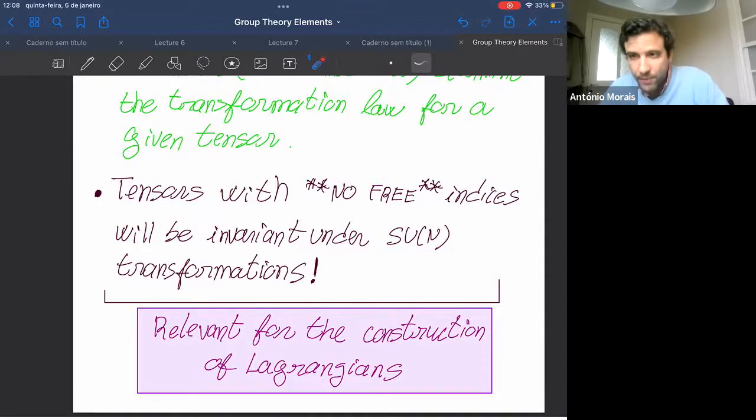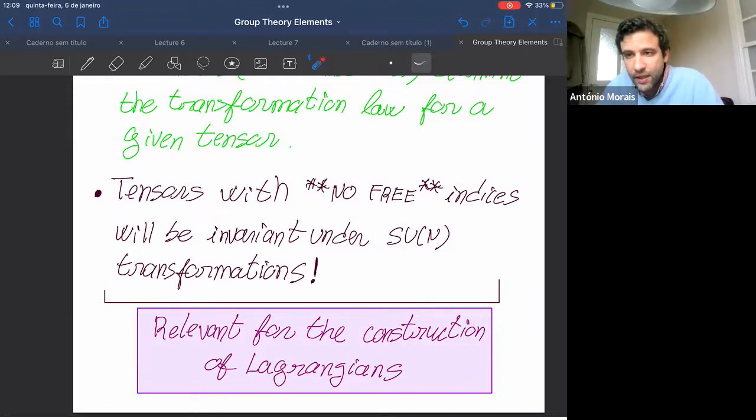You define your symmetry, SU2 cross SU3 cross SU1, or SU5 or SU6 or whatever, and then you look into the representations of this symmetry, and to build a Lagrangian, you need to have all indices of the tensors that you want in your theory contracted or summed over.